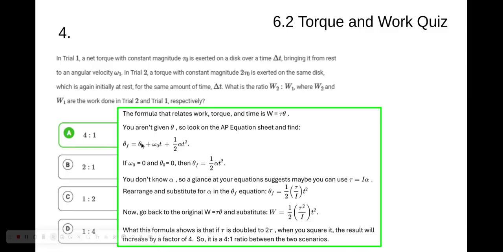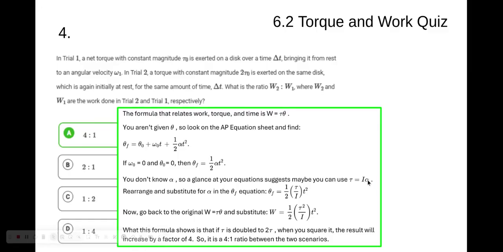If this is 0, and if this is 0, then this final angular position is equal to 1/2 the angular acceleration times the time squared. But we still don't know the angular acceleration either, so we can't stop here. We've got to go back and find another equation, a very handy one, Newton's second law in rotational form.